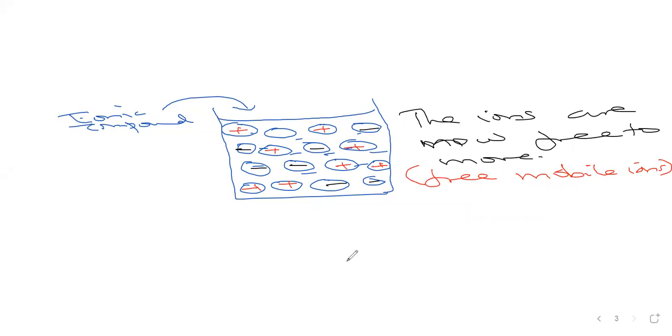So what will happen the moment you apply an electric current? Look at this. I want you to see what's going to happen. So when you have an electric current switched on or connected to the circuit, and the solution of the electrolyte is connected to it, this is what will happen.